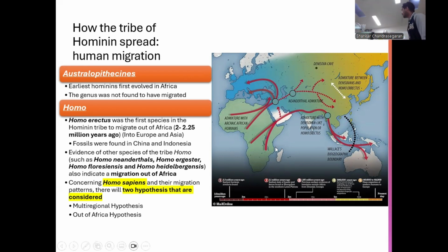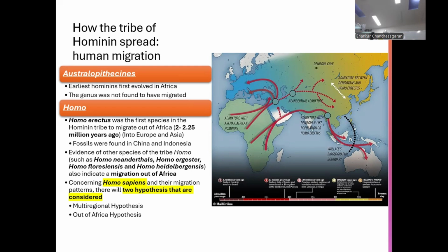We also later found evidence of other species of the genus Homo having migrated out of Africa, through the finding of fossils.